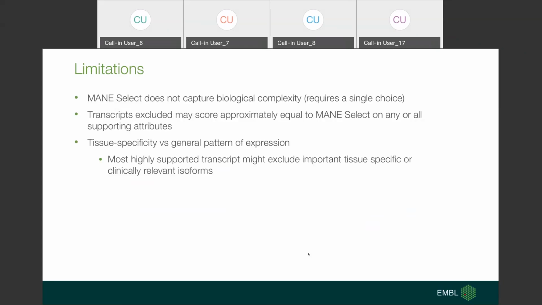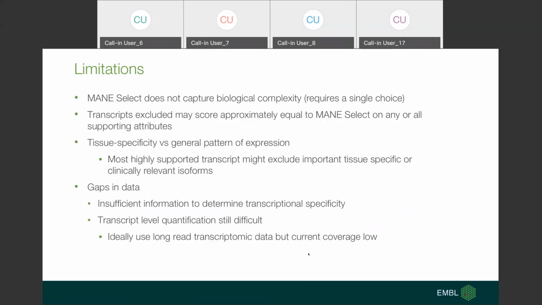Also, it's impossible to capture all the tissue specificity and patterns of expression when you are selecting one transcript. It is possible that the most highly supported transcript is just not the one that is in a particular tissue or is the one that's clinically relevant, because we're only choosing one. And finally, there are just gaps in data, and that 5 to 7% that I just mentioned, where it's going to be hard, it's because of this.